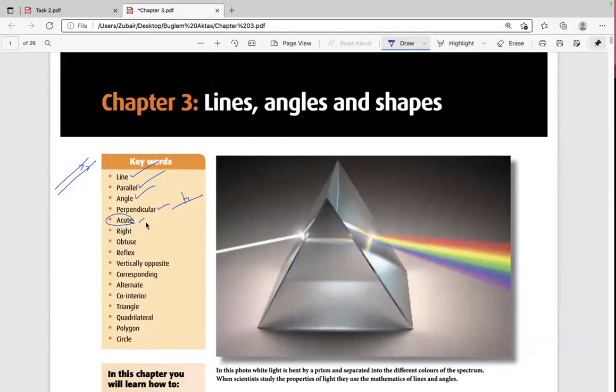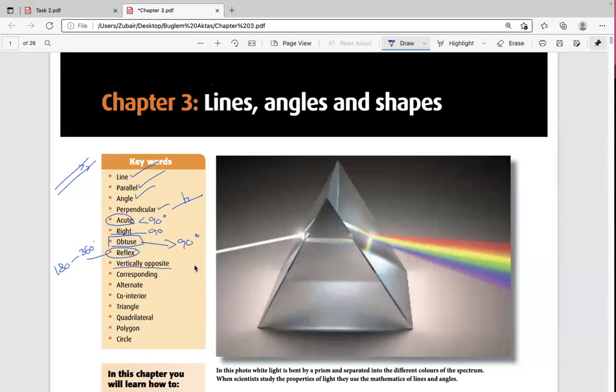Acute is less than 90. Right is 90. Obtuse is more than 90. Reflex is between 180 and 360, or we can say more than 180 and less than 360.